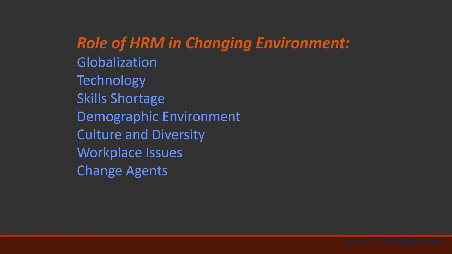Second aspect is new technology. Rapid technological changes have influenced the functioning of the human resource department. Many organizations are using human resource information systems which ensure the easy availability of human resource information to the decision makers. We have telematic technology.